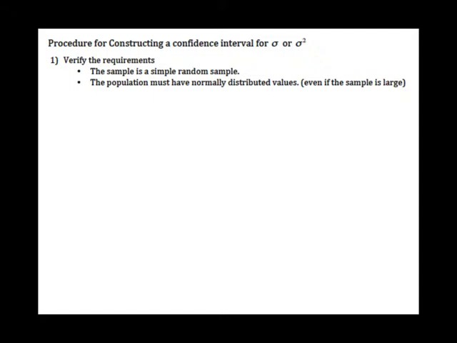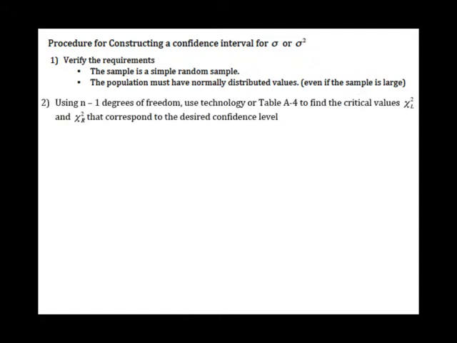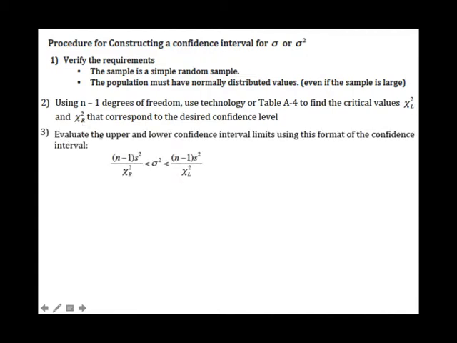Even if your sample size is greater than 30, if your original population is not normally distributed, we can't construct the confidence interval. Find the degrees of freedom, using n-1. And then use your calculator to find the critical values, chi-square to the left and chi-square to the right. And then construct the confidence interval.